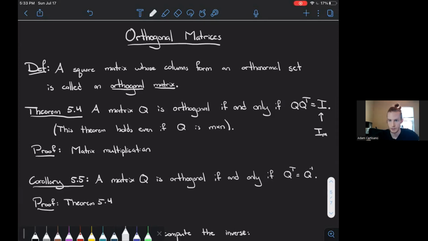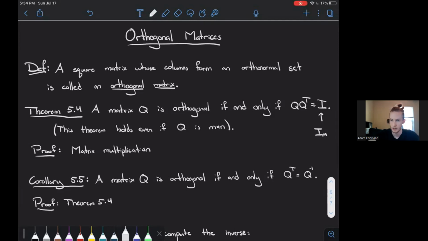because notice that the columns of Q are the rows of Q transpose, but if Q transpose is on the right, yeah, maybe I said that backwards. Okay, the rows of Q make up the columns of Q transpose, but if Q transpose is on the right, when you're doing multiplication, you take the columns of Q transpose and multiply them by the rows of Q. But every time you're going to get just one, right?